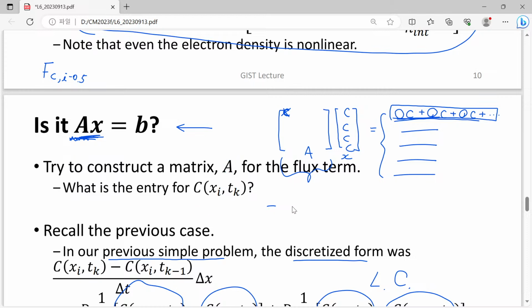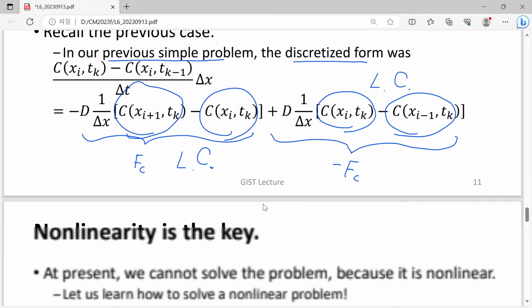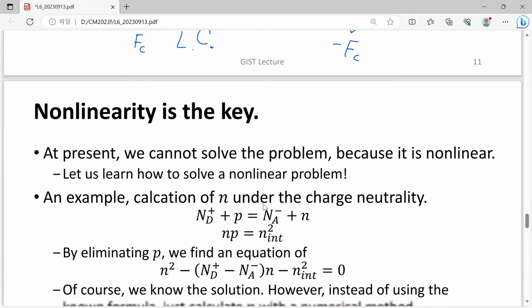Therefore, our obvious conclusion in this lecture is that when we consider a more realistic problem, we always encounter nonlinearity.